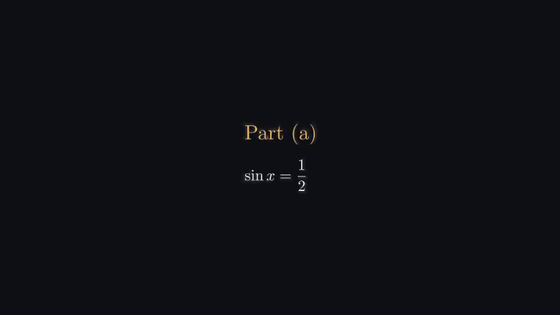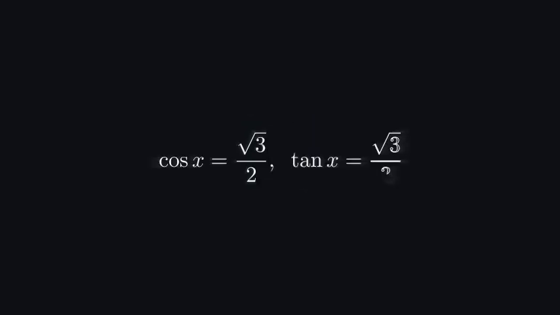To summarize, the key equations are shown on the screen. Additionally, cosine of x is the square root of 3 over 2, and tangent of x is the square root of 3 over 3.